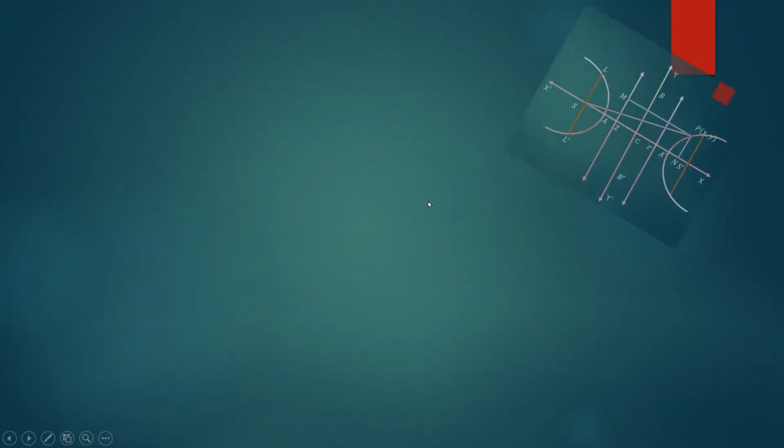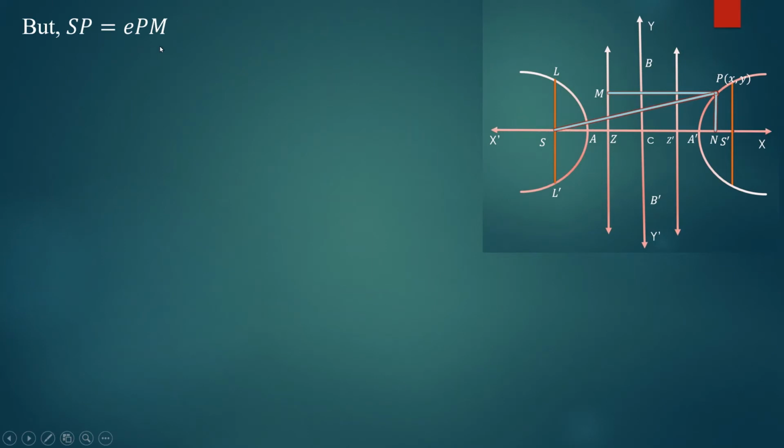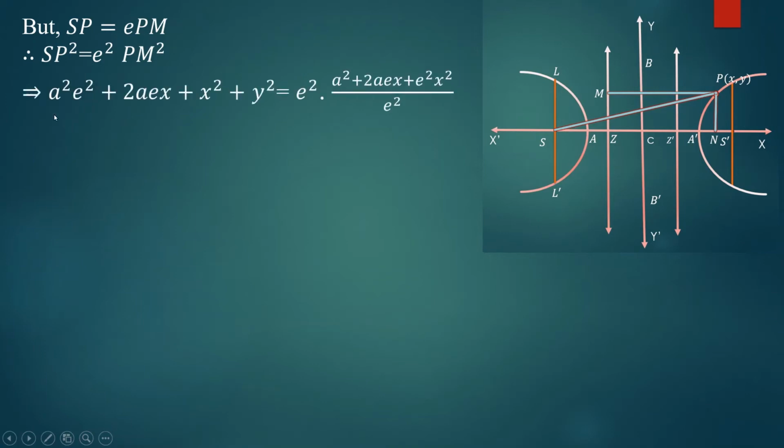But in case of conic, SP is equal to e PM. Squaring we get SP square is equal to e square PM square, and putting the values of SP square and PM square and cancelling e square, we get a square e square plus 2aex plus x square plus y square is equal to the numerator, here a square plus 2aex plus e square x square.